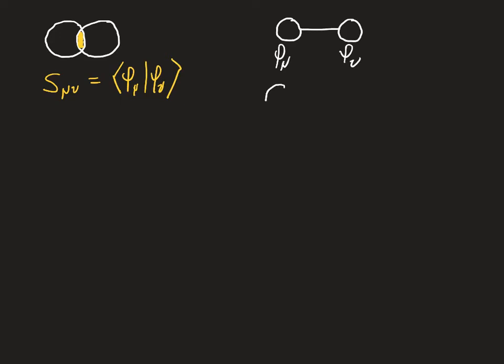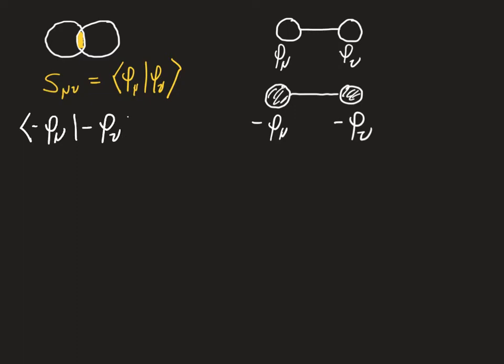We could have taken our function and put negative signs on them. And we would have gotten the same result back. So here, what we're doing is we're taking the overlap of this. We can take the scalar out of the integral.